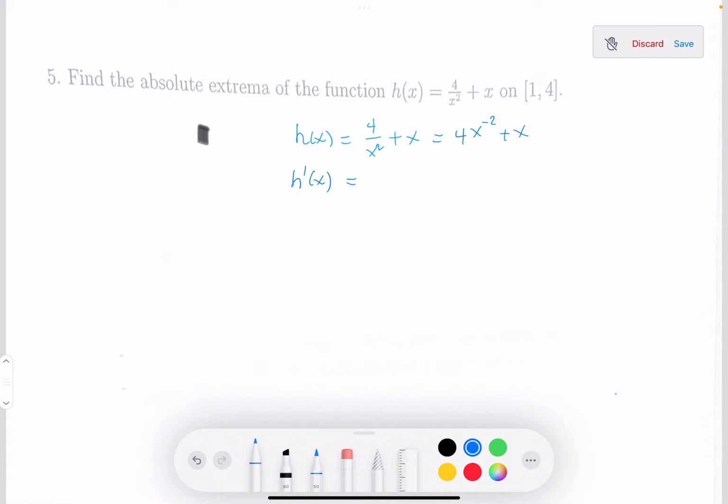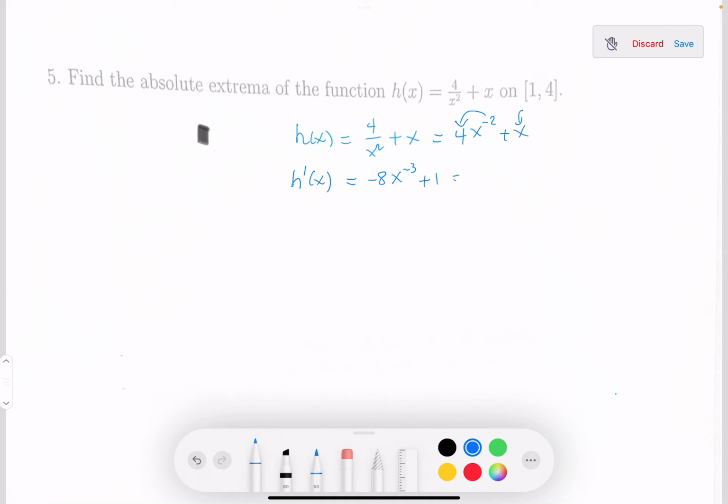So this is going to be minus 2 times 4, that is minus 8, and minus 2 minus 1, that's x to the minus 3. This is the derivative of 4x to the minus 2. And the derivative of x is 1.